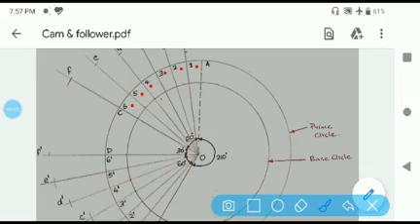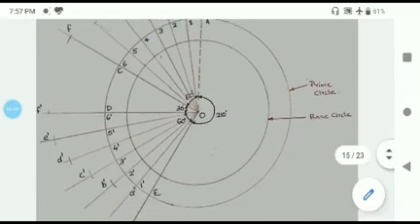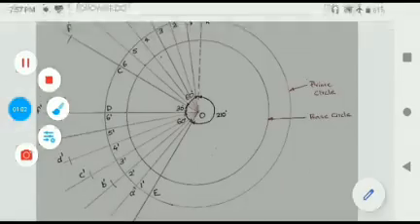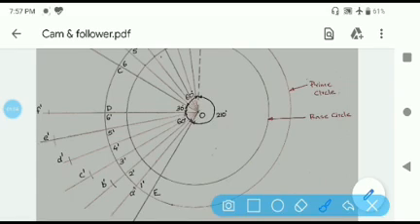Similarly, in the return stroke region also, label the points 6 prime, 5 prime, 4 prime, 3 prime, 2 prime, 1 prime. Please note that these intersecting points lie on the outer circle.